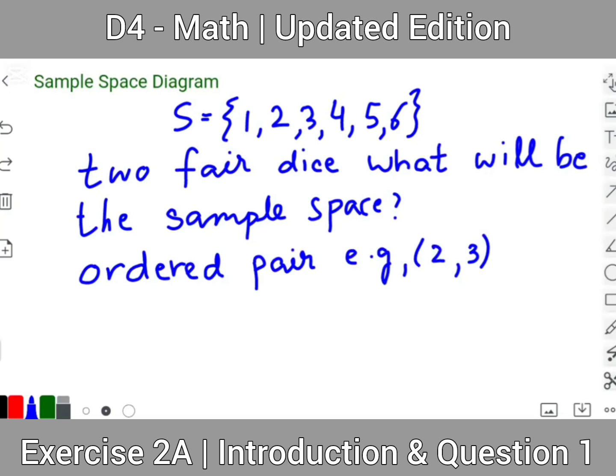What does the outcome 3, 2 mean? Is it the same as the outcome 2, 3? Let's think. The answer is no.